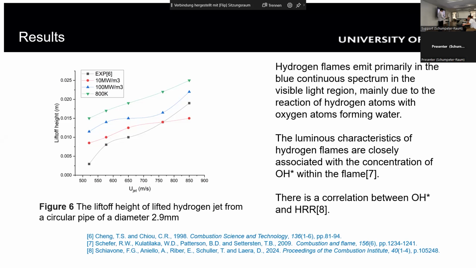However, the luminous characteristics of hydrogen flames are closely associated with the concentration of the excited state of OH within the flame. So there is a correlation between OH* and heat release rate. So I can use heat release rate to define lift height and flame length and compare with the experiment.